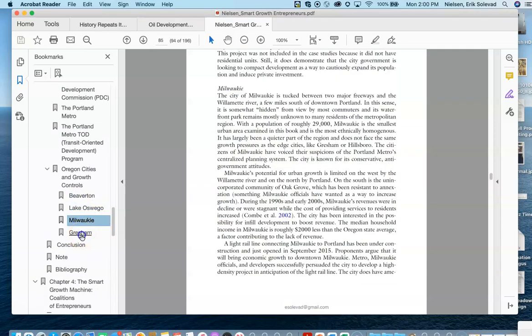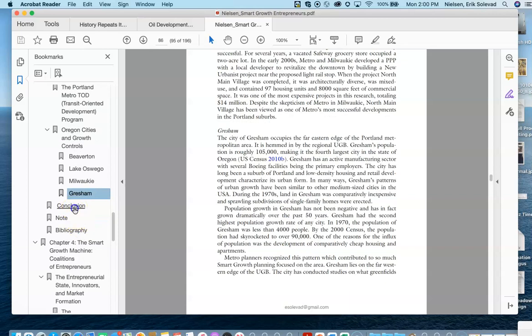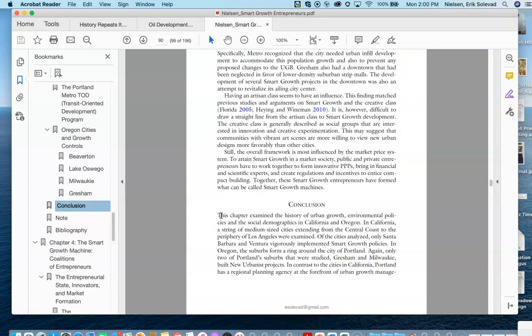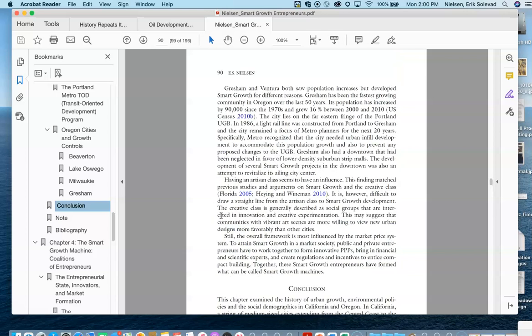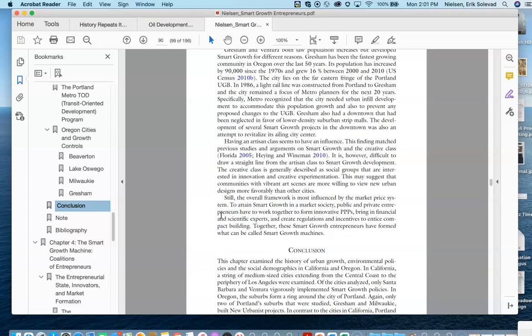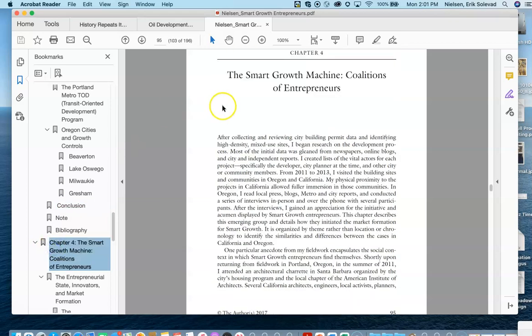So anyway, I looked at these different cities and concluded by talking about how we see these different historical backgrounds, and this plays a role in how these specific projects that I look at later are developed. That becomes the focus of chapter 4.